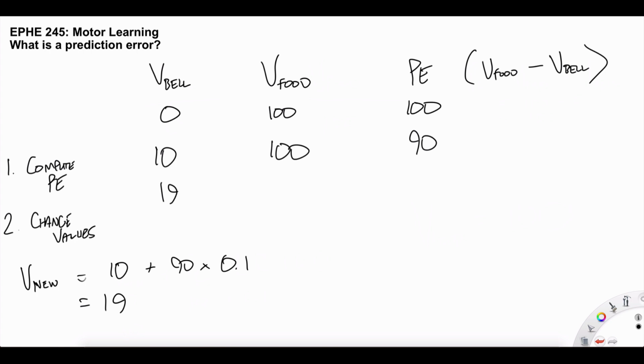And you can imagine that this keeps happening and keeps happening and keeps happening. Try it out for yourself. And what you'll see is that the value of the bell does something like this. And hopefully that reminds you of something we talked about earlier in the course. Conversely, if we look at the size of the prediction error, you'll notice it does something like this.